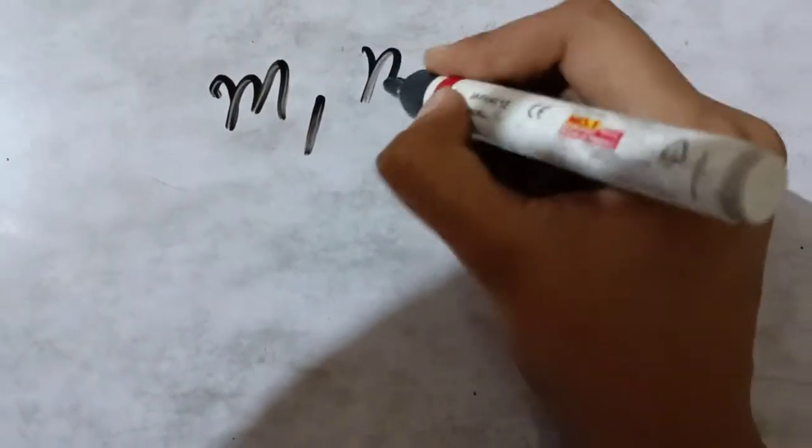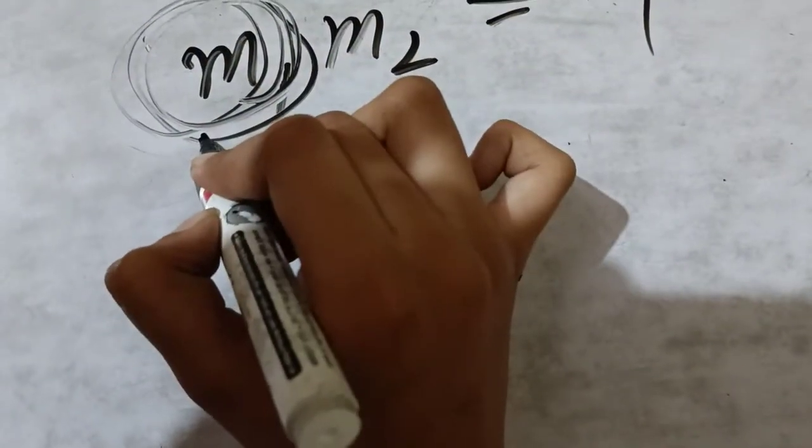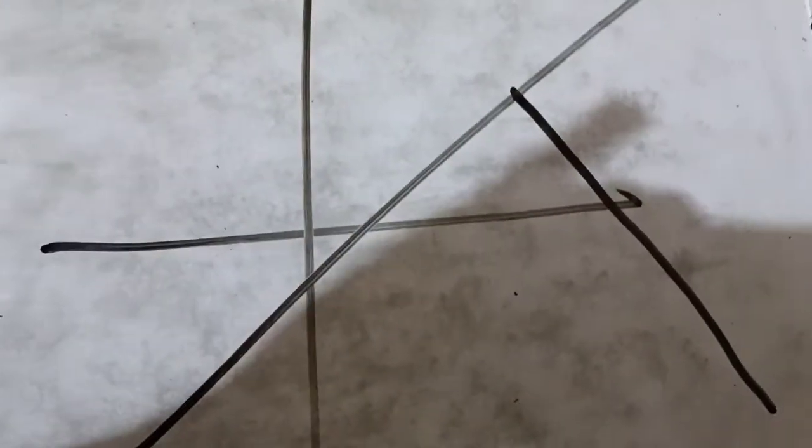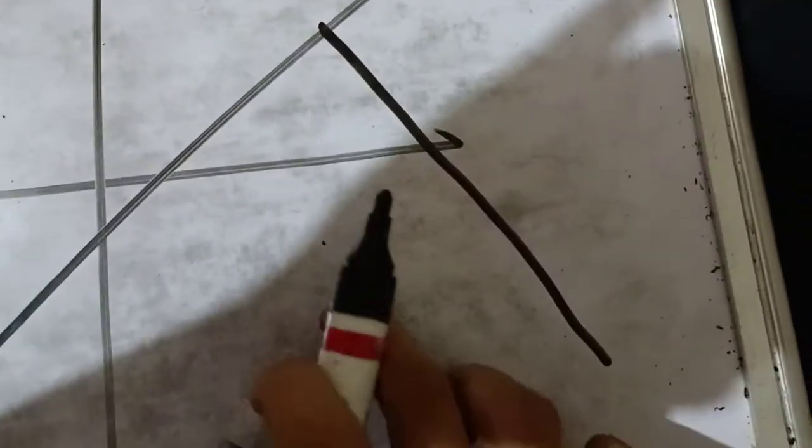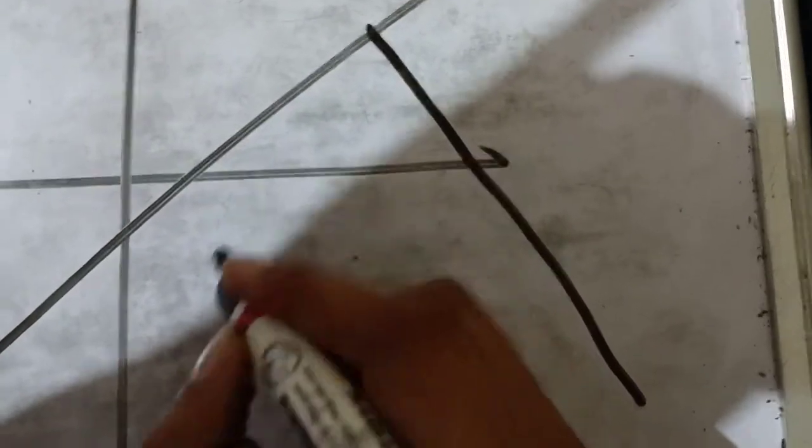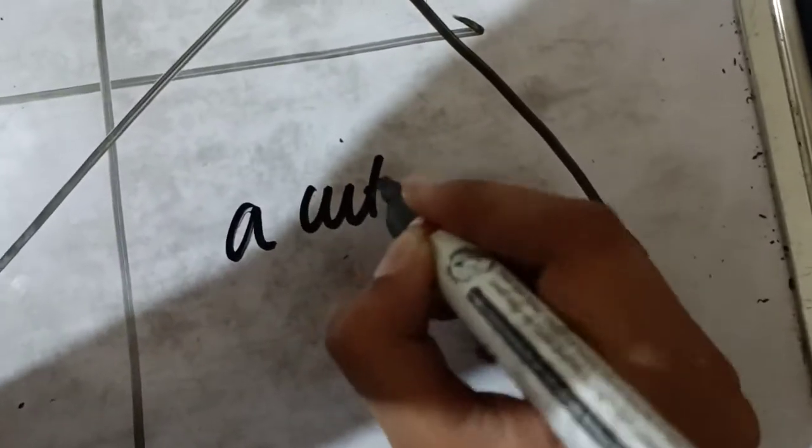So coming back to our topic, why is m2 into m1 equal to minus 1? What was I telling you? You know that when you have any line and another line perpendicular to it, one angle must be acute and one angle must be obtuse.